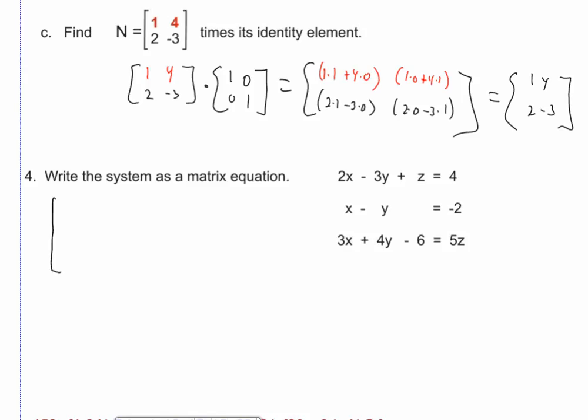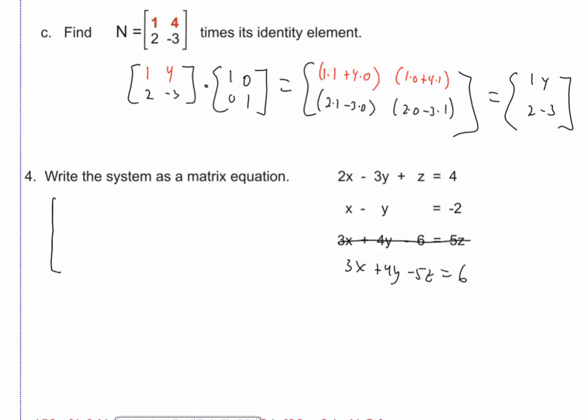In the third one, the x is first, the y is second, the z is on the right, and the negative 6 is not. So that's the only one we better rearrange. So before we do anything, let's add a negative 5z to both sides, and let's add a positive 6 to both sides, right? Is everybody okay with that? All I'm doing is getting everything in order.